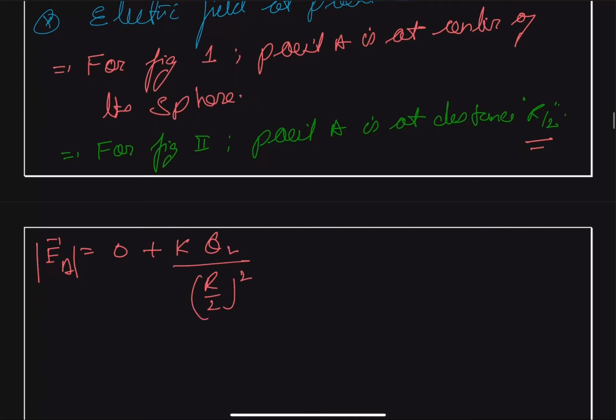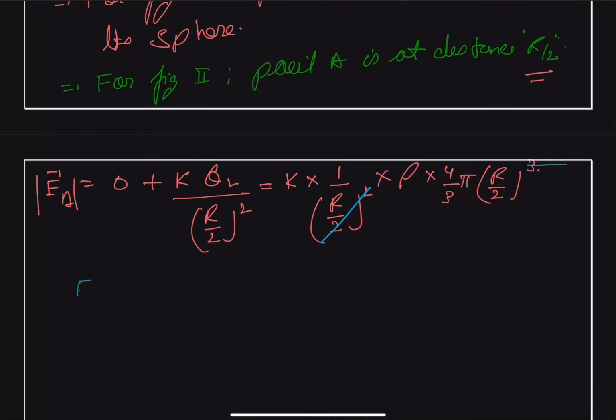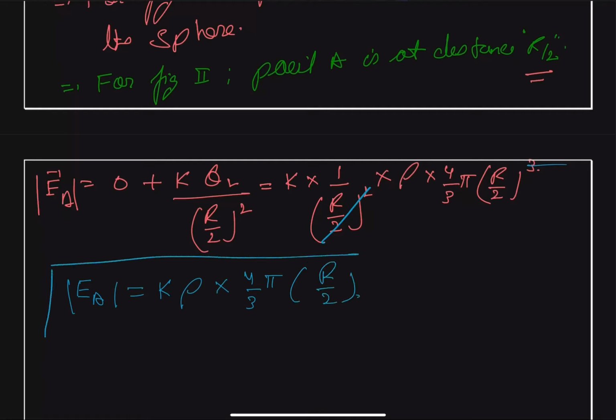Substituting Q2 as rho times 4 by 3 pi (r by 2) whole cube, the square cancels with the cube, and we are left with EA equal to K rho 4 by 3 pi multiplied by r by 2. So this is the electric field at point A.